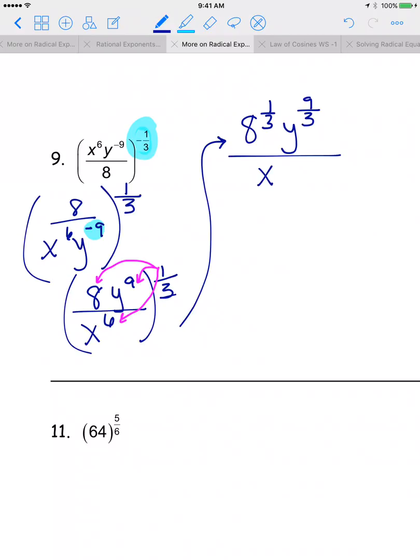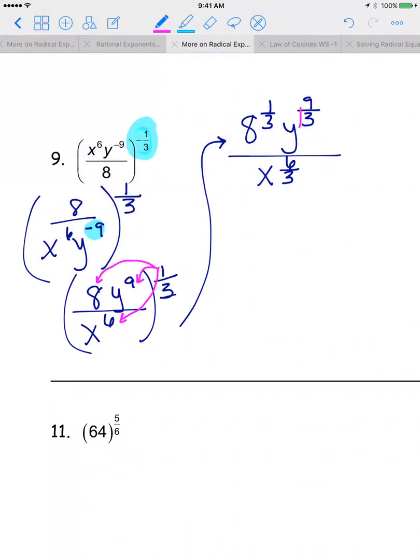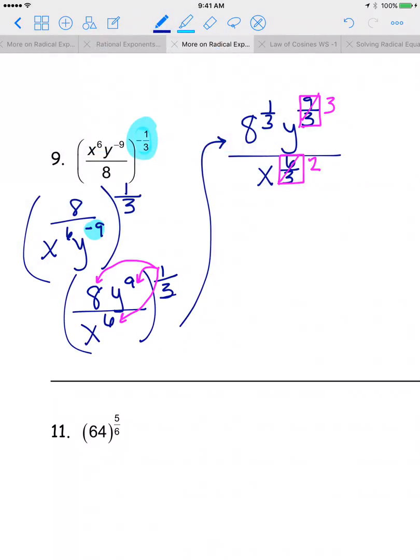Over x, and 6 times 1/3 would give you 6/3. So let's simplify those. This 9/3 becomes just a 3, and this x to the 6/3 just becomes a 2.